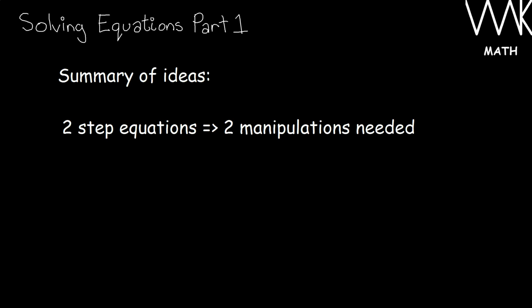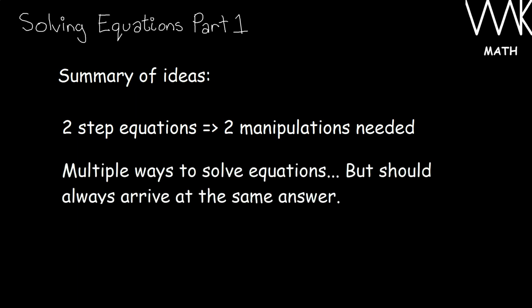Keep in mind that with one-step equations, there is generally one way to solve the equation. However, with two-step equations, there can be multiple ways to solve the equation. This is absolutely fine as long as all the math rules, especially the manipulation of equation rules, are followed properly.